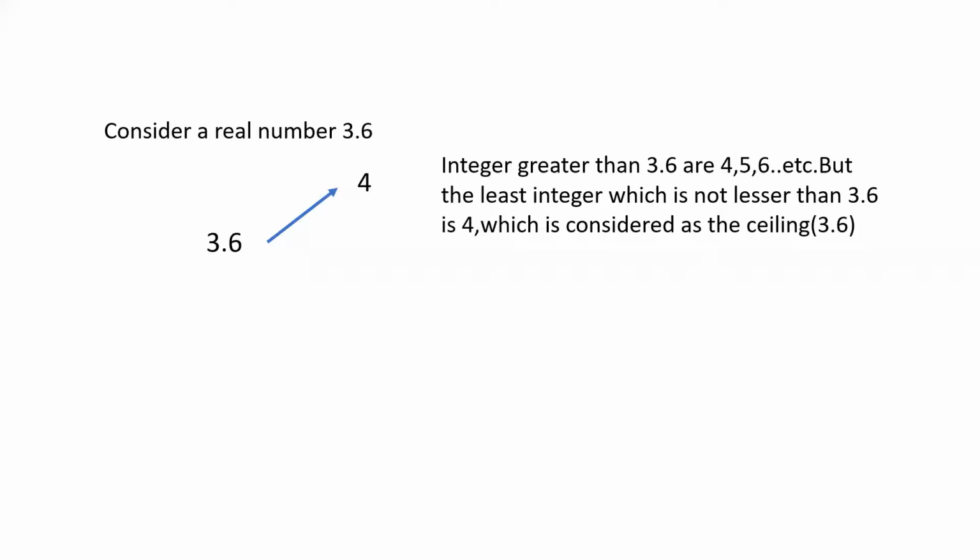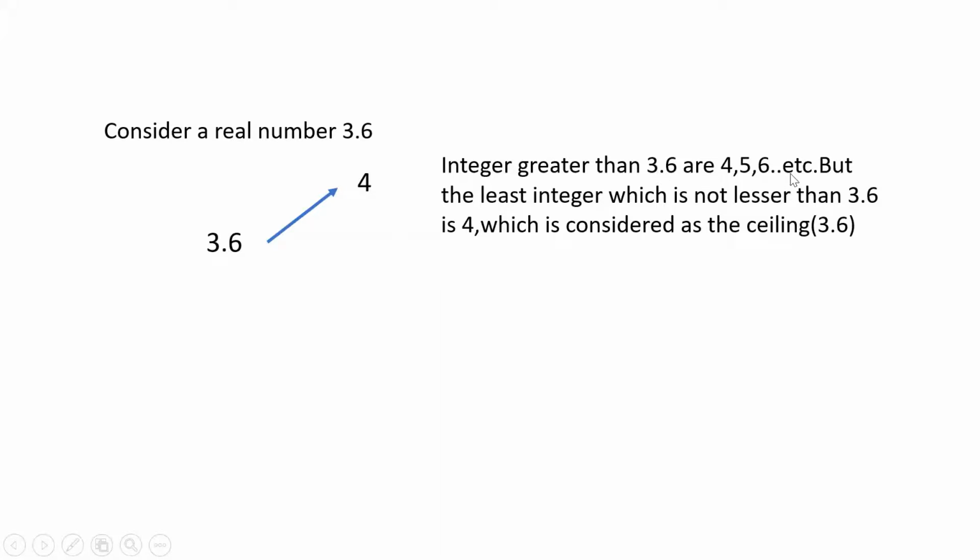Ceiling is a notation, and it's a mathematical function which finds the least integer which is not lesser than 3.6. I'll show you the notation in the next slide. But for now, for understanding, if you are listing out all the integers which are greater than 3.6, they are 4, 5, 6, and so on.